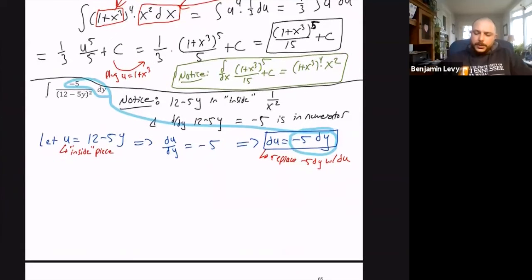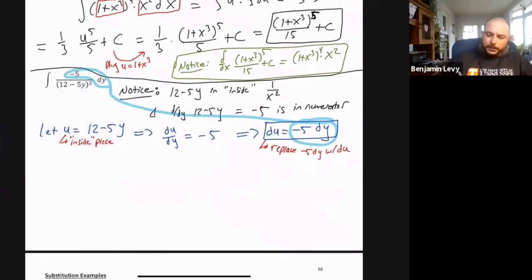So let me do the substitution. Maybe that would be helpful to see. Sometimes the algebra really holds people back on this stuff, which is too bad because everyone can do algebra. I know you can. So the original problem looked like this. And one thing I'm trying to point out is the minus 5 in the numerator, you can kind of rewrite the problem and think about it like this.